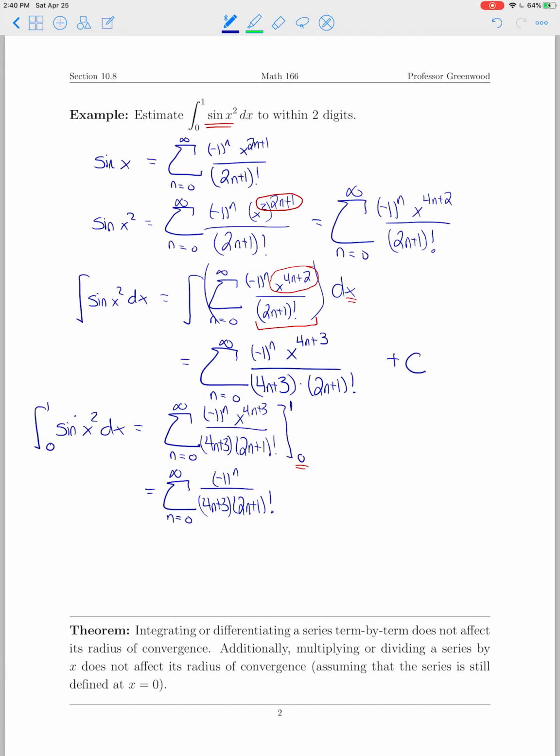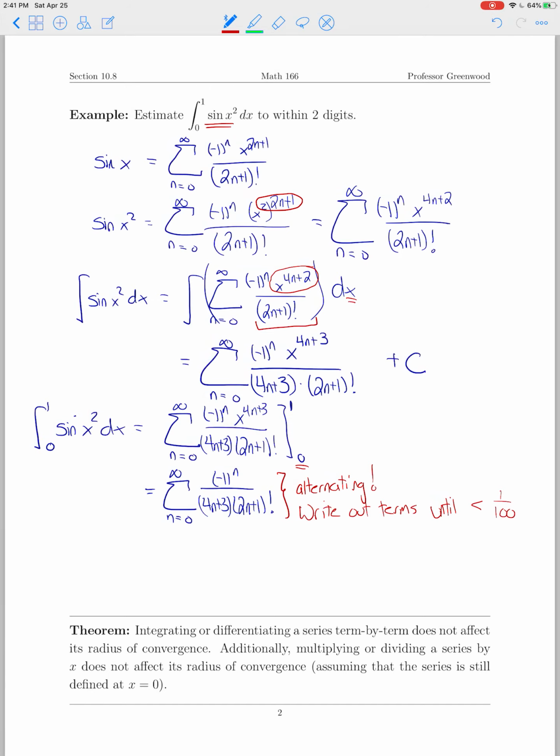Fortunately, you can see that this series here is alternating. And so that's very useful because that means that I can just write out terms until I get one that's less than the error that I am looking for.